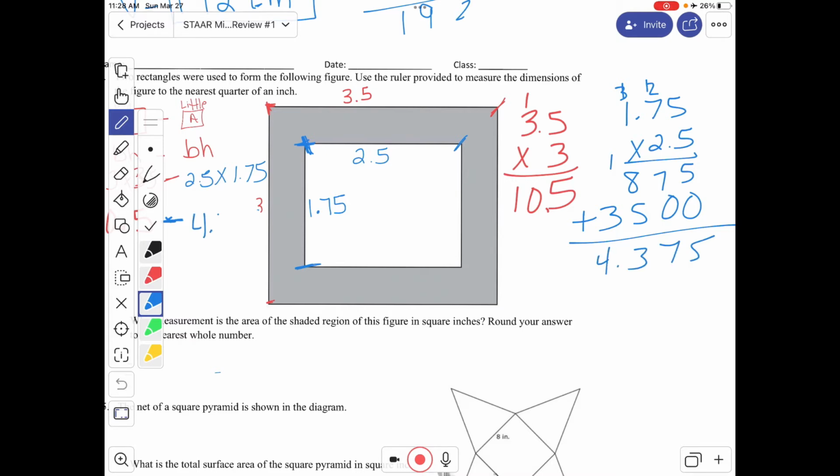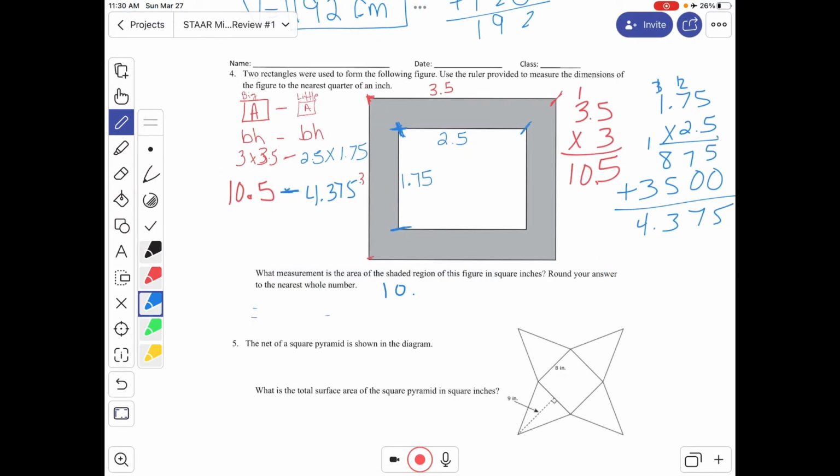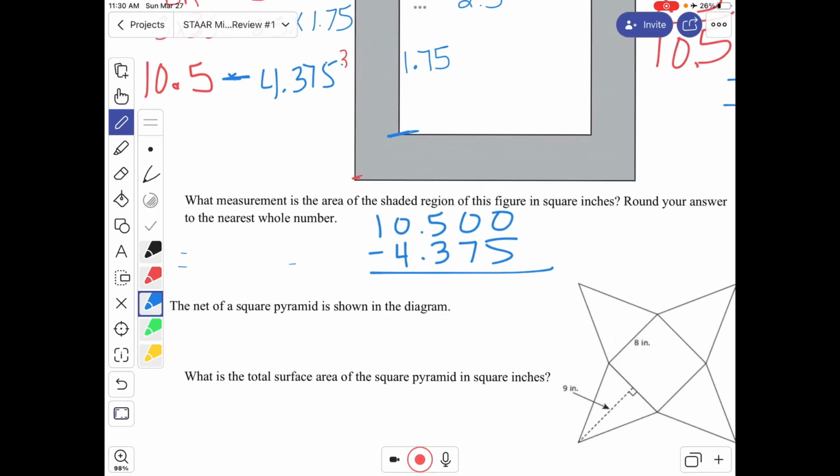Which is 4.375. Now you subtract. Be careful to line up the decimals. And that top number is going to need some extra zeros so that we can borrow.